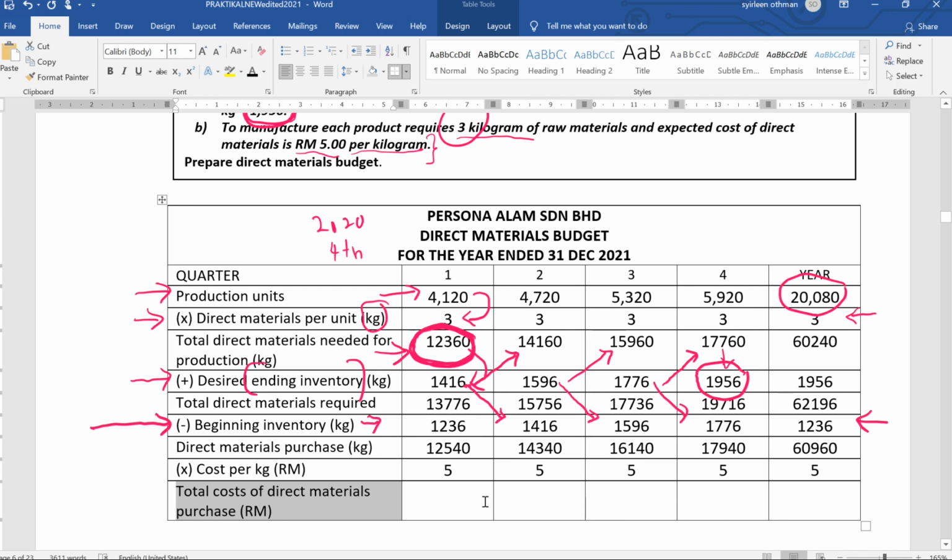So this item here is actually what you are buying and what you are supposed to pay to your supplier. Alright, so darab dengan RM5, so we will get the total cost of direct material. Okay, alright, so this is for direct material.